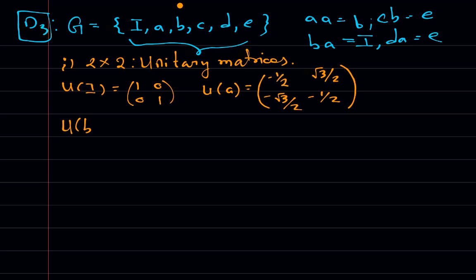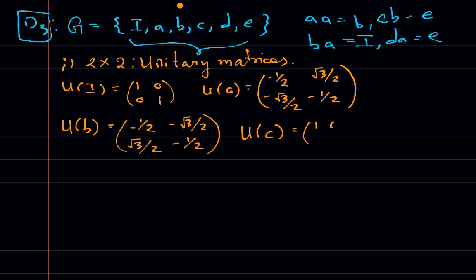I'm not going to write for all the elements, just for some of them. Please check if these are correct. You can search it on the internet, and one turns out to be 1 0 0 minus 1, and so on. You can write 2 cross 2 matrices for all of these 6 elements. I just wrote it for 4 of them.